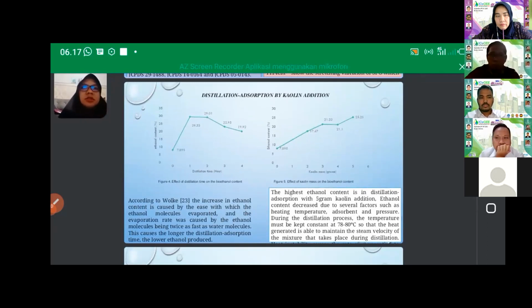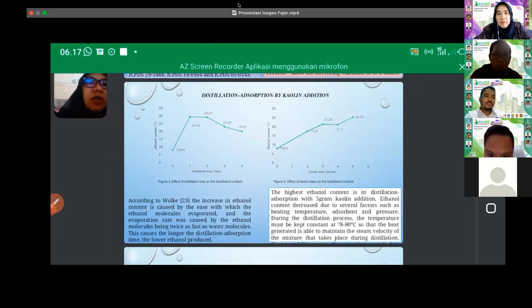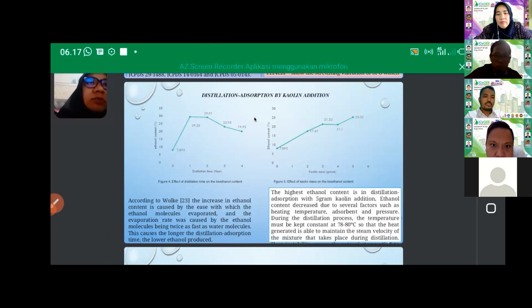Okay, this is the distillation absorption by kaolin addition. Figure 4 shows the effect of distillation time on the bioethanol content, and figure 5 shows the effect of kaolin mesh on bioethanol content.